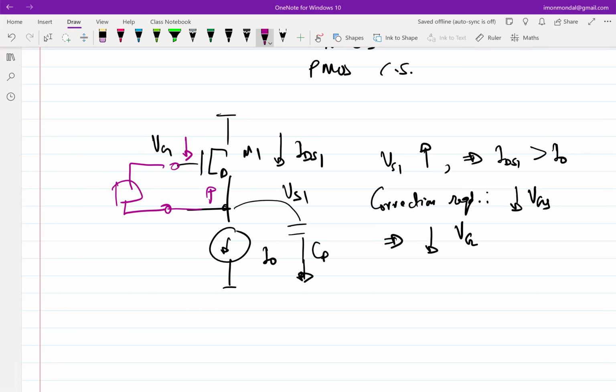Tell me in this block whether this voltage VS1 will be the input or VG will be the input. VS1 will be the input, right? And what should be the characteristics of the block with respect to the sign? It should have inversion, right? And what is the only thing that we know which gives inversion? Common source amplifier. So what we will do? We put a common source amplifier.